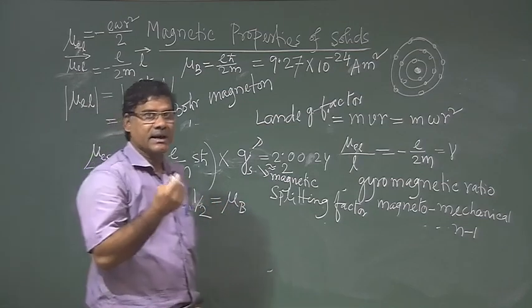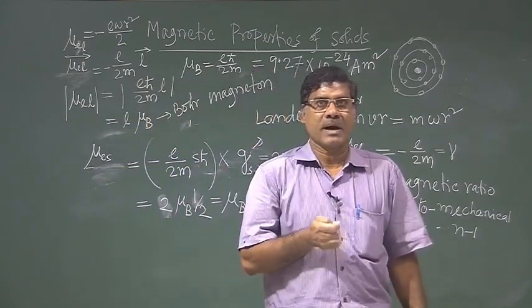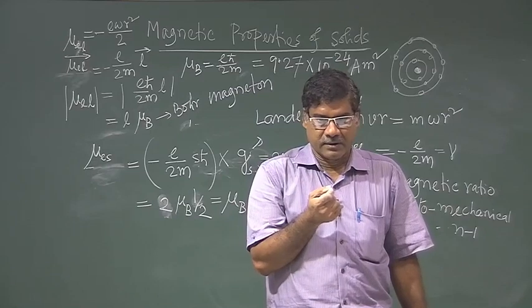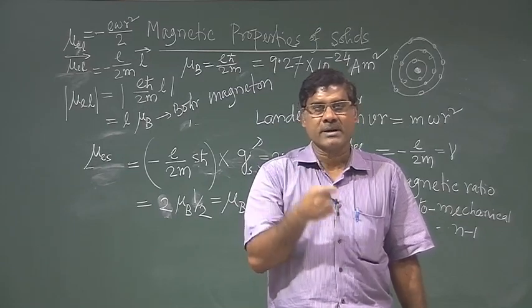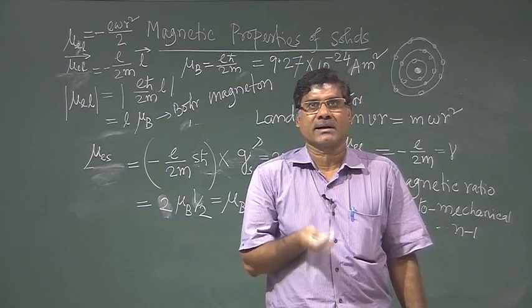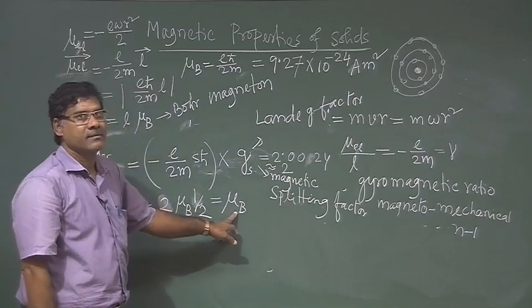So, the magnetic moment of each electron, the spin magnetic moment, or the magnetic moment due to the spinning motion of the electron, is mu_B.